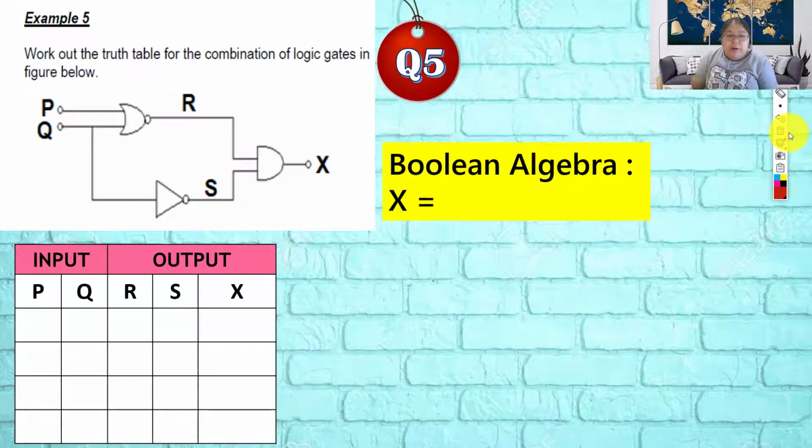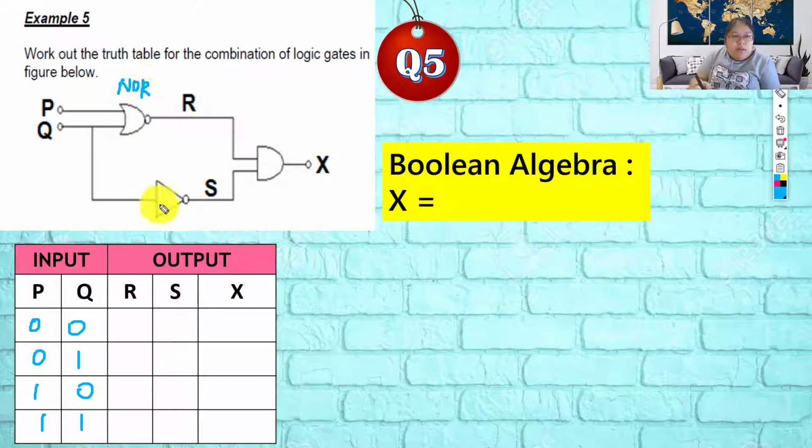Okay, number 5 is also the same thing. They never provide any input, so you just write the input yourself: 0, 0, 0, 1. Straightforward, I go to apply. R is a NOR gate.